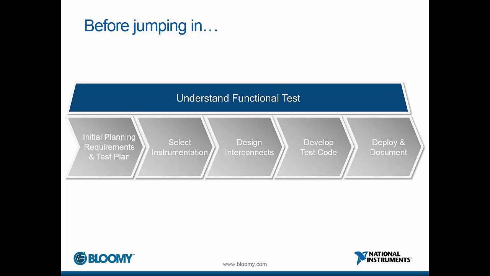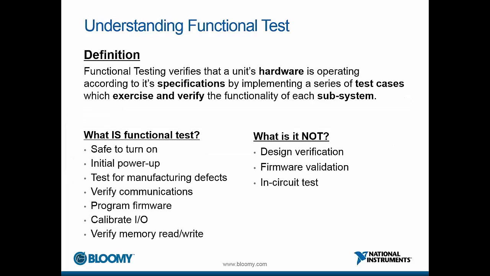Now, before jumping right in, let's take a look at what is meant by functional test, and more specifically, manufacturing functional test. Functional testing verifies that a unit's hardware is operating according to its specifications by implementing a series of test cases which exercise and verify the functionality of each subsystem.